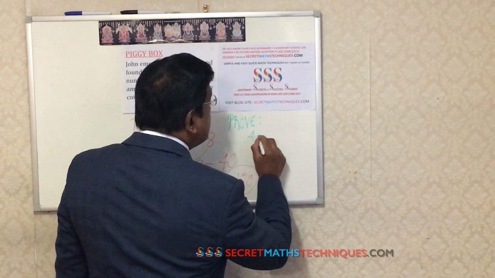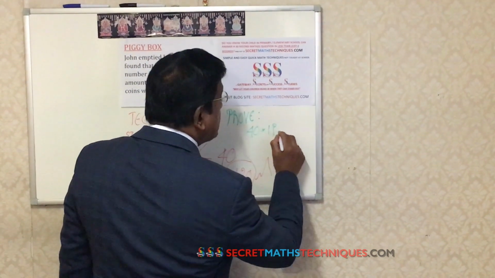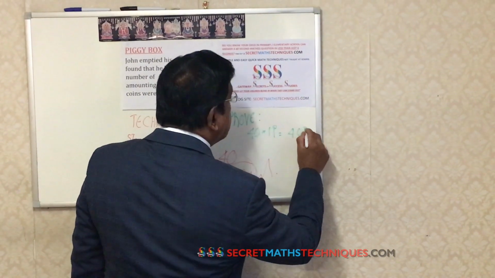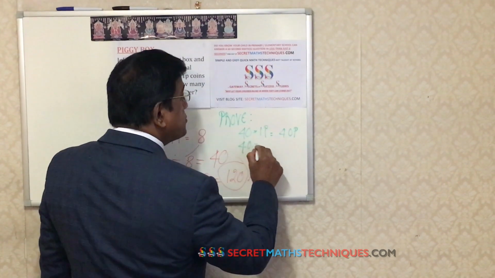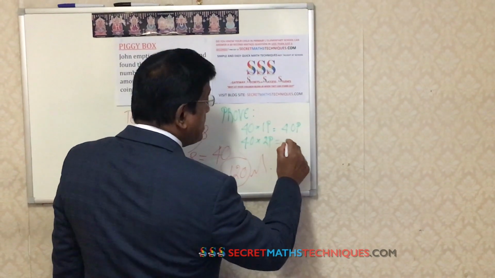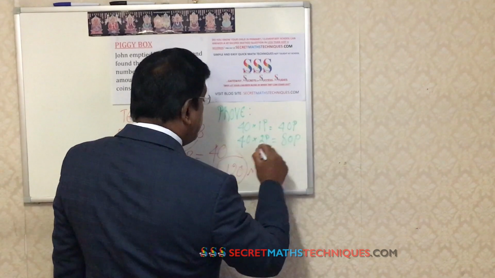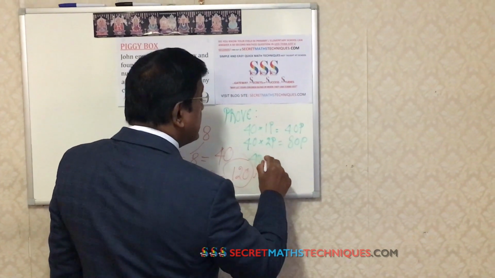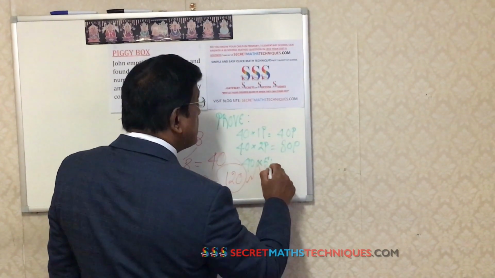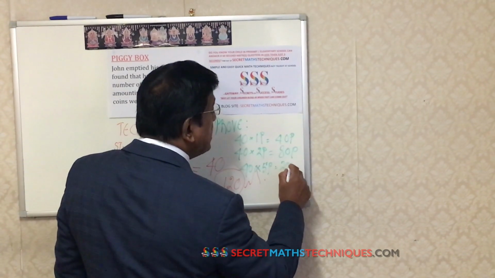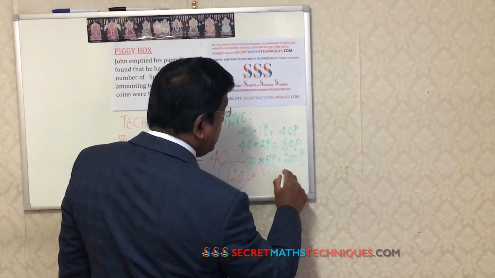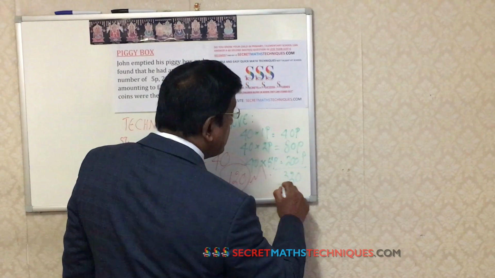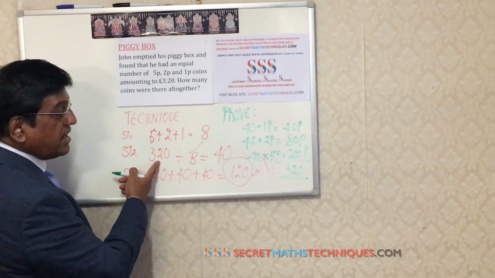So 40 times 1p coins is 40 pence. 40 times 2p coins is 80p. And 40 times 5p coins is 200p. If you add all of that, it is 320 pence. Is it not what we started with?